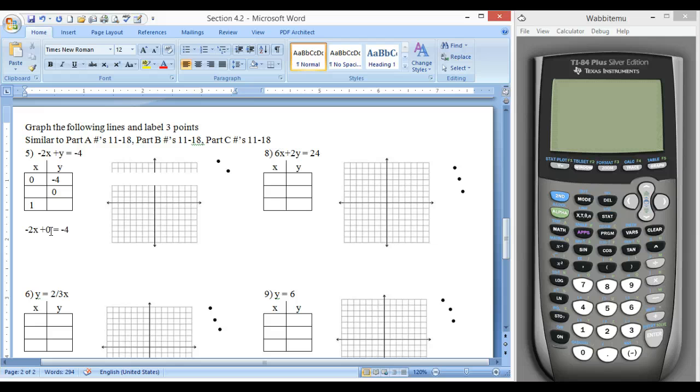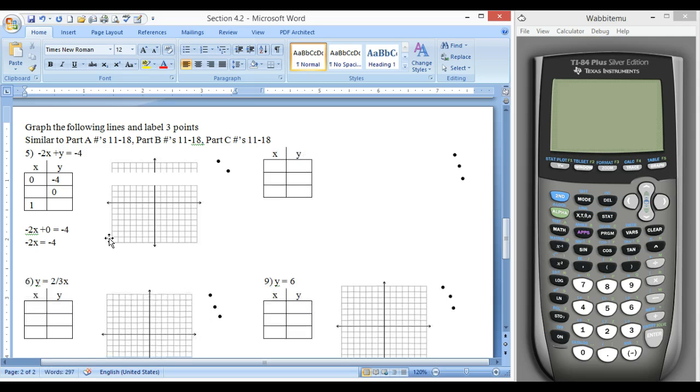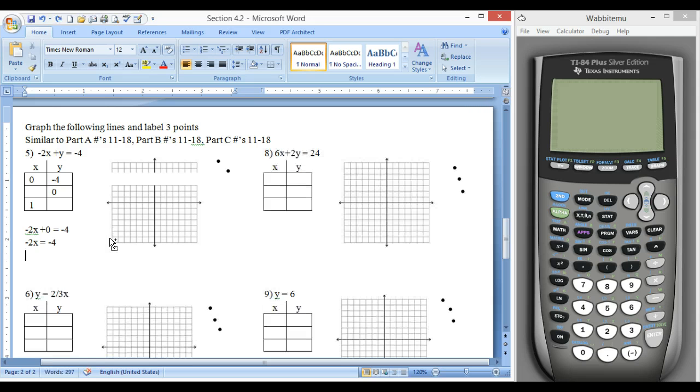So -2x plus nothing equals -4. -2x equals -4. Divide both sides by -2. And I have x equals -4 divided by -2 is +2. And we have our next point.